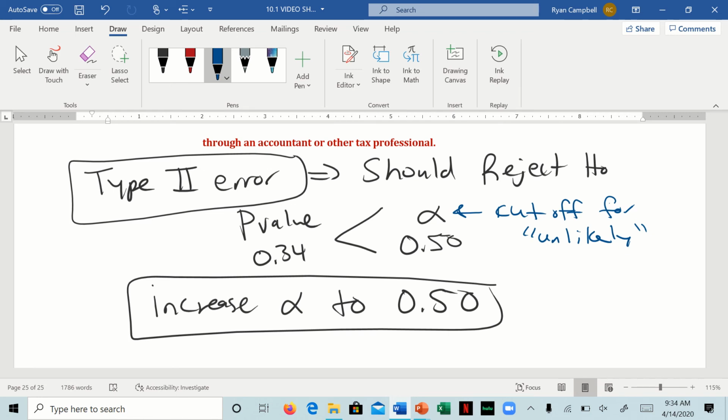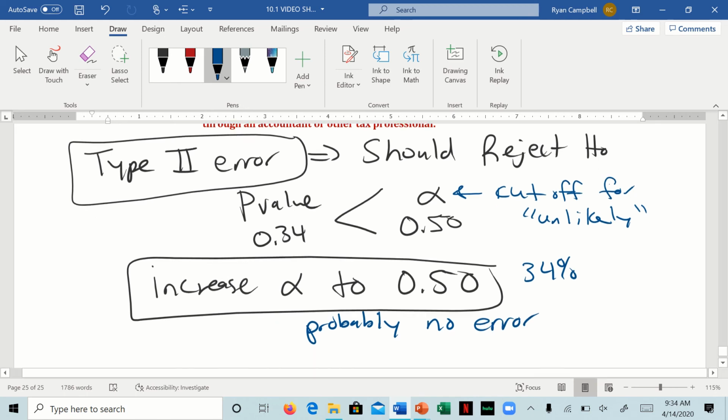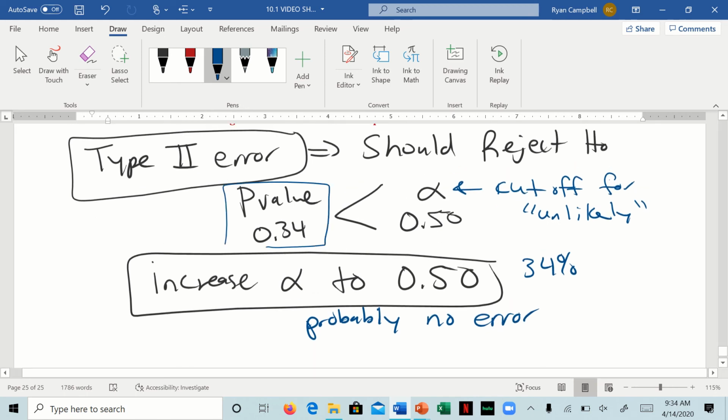If the p-value is 34%, if it is likely to occur by 34%, that's pretty likely, right? So to have a cutoff point that's so big, we probably did it correctly. Probably no error, right? Because 34%, regardless of what your significance level is, that's a pretty high percentage.